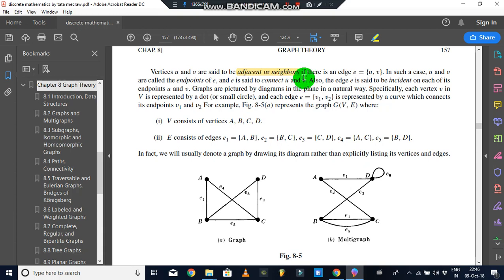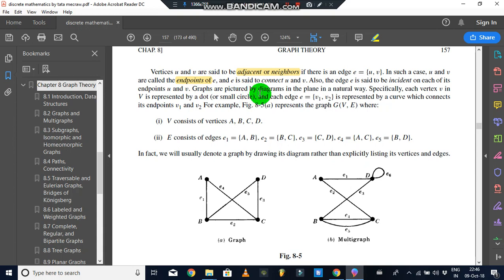If there is an edge e equal to (U, V), in such a case U and V are called endpoints. The edge e is said to connect U and V. Also the edge e is said to be incident on each of its endpoints U and V.